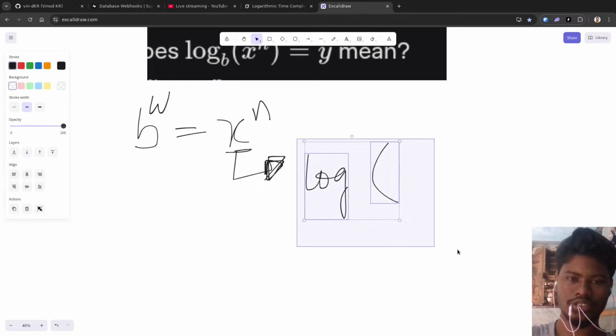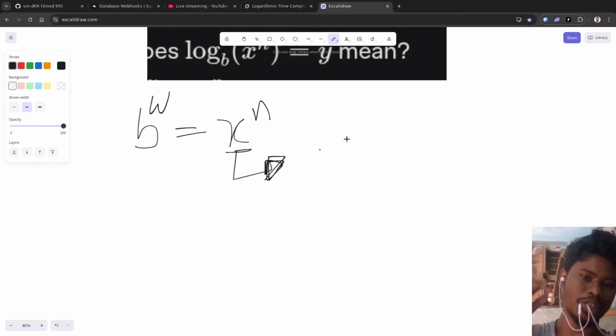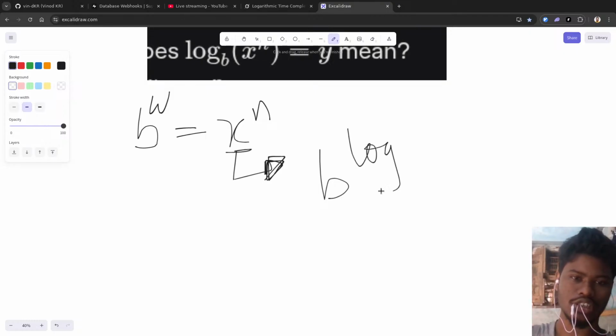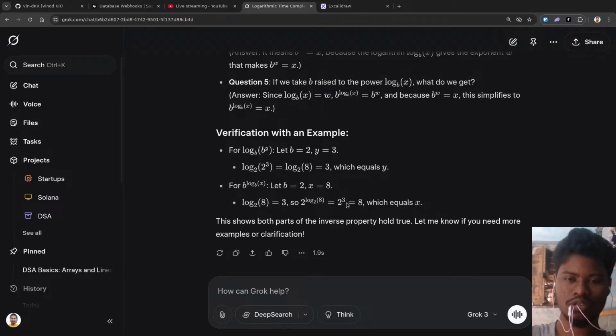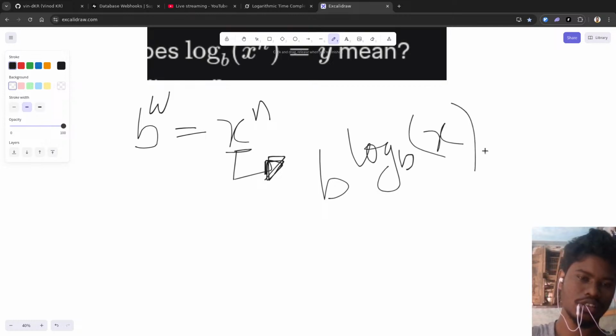B raised to the power log, b raised to the power log base b of x. This is it.